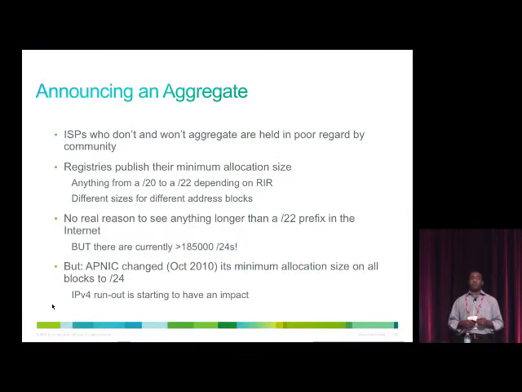And the increase in the size of the internet routing table increases convergence time and increases the instability of the internet. So it's highly advisable to aggregate. If you don't aggregate, your ISP is considered poor by the ISP community. So it's important to aggregate.